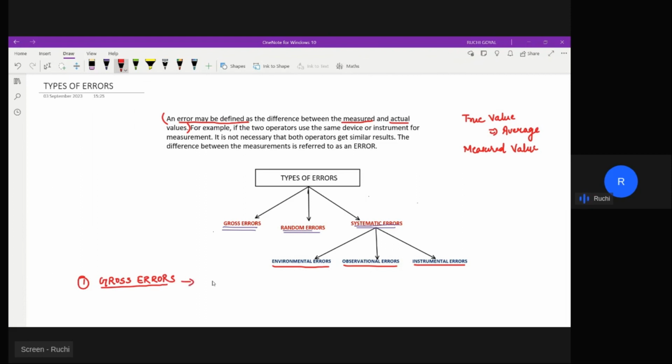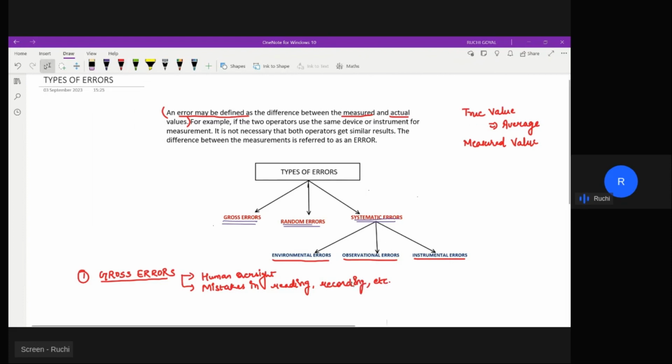So these errors arise when we have human oversight, when we have mistakes in reading, recording, etc. The most common human error in measurement falls under this category only.